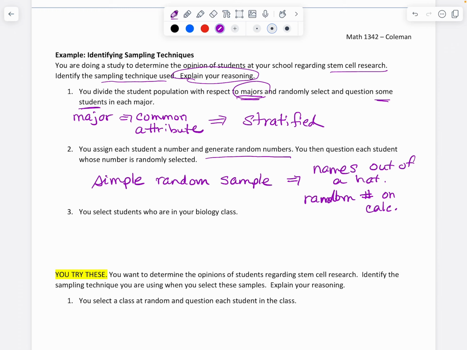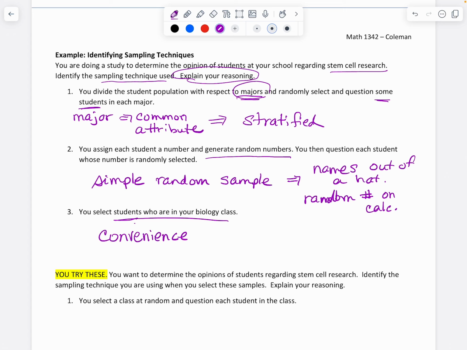All right, and then number 3, you select students who are in your biology class. Well, there may not be any commonality between them. They may be science majors, they may not be science majors. They may be biology, they may be chemistry, they may be none of those. Basically, what you're doing is you're selecting the students because it's convenient.